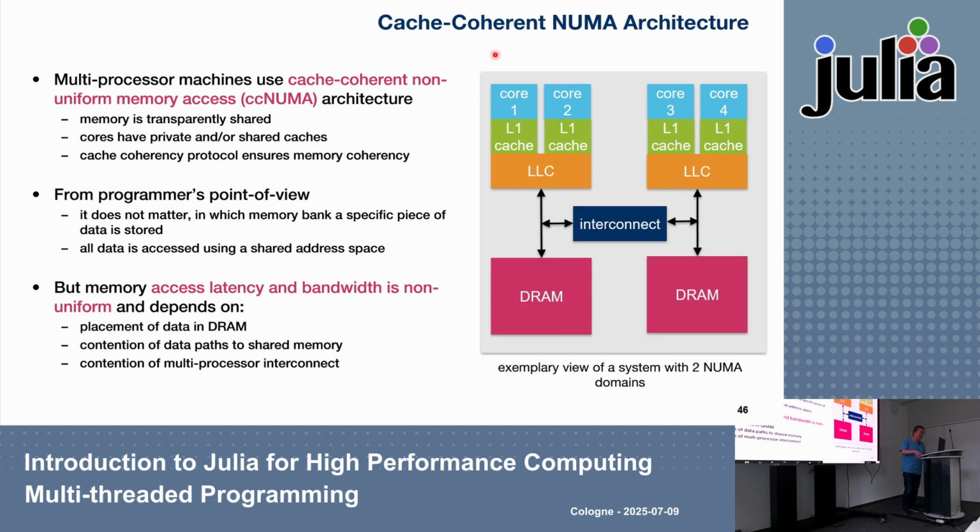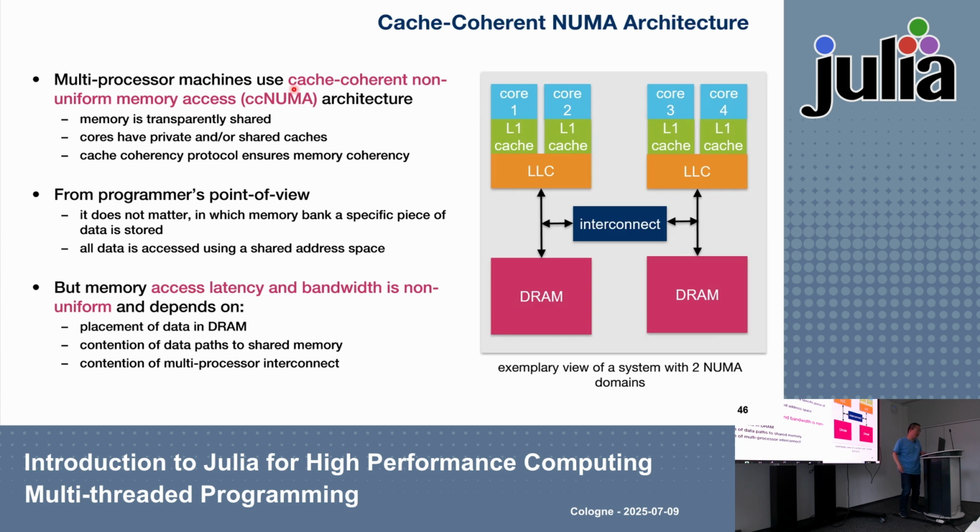In order to get the best performance, those multiprocessor machines use the so-called cache-coherent non-uniform memory access architecture, which means logically, the memory access for each core is transparent, but physically, it is different. Let's look at this figure.